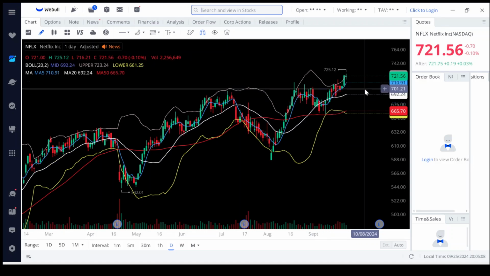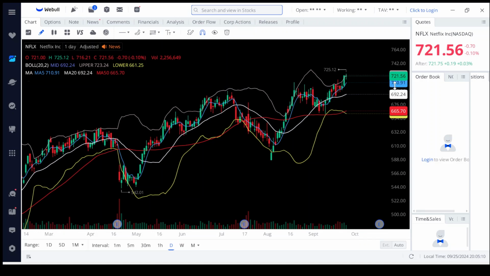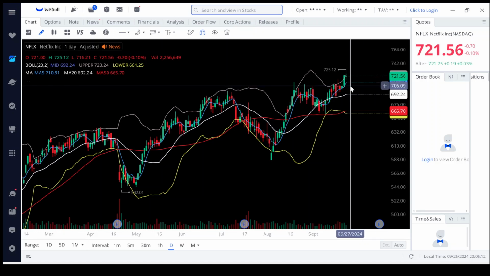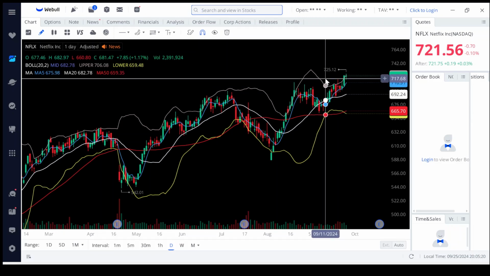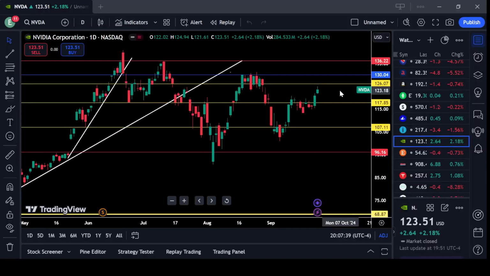That would be the rising 5-day moving average, 711. That's going to be a support. Under that, 700, and then 692, and then 680, and to the upside, well, blue skies. I mean, if we can take out 725, watch out for a move up to 740 to even 742 on Netflix.